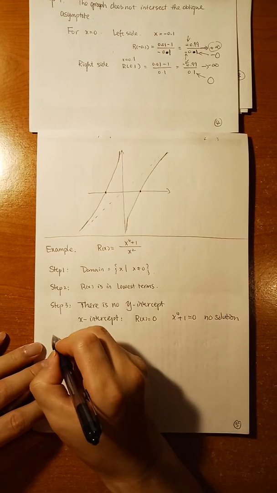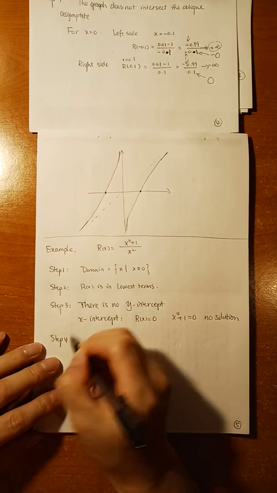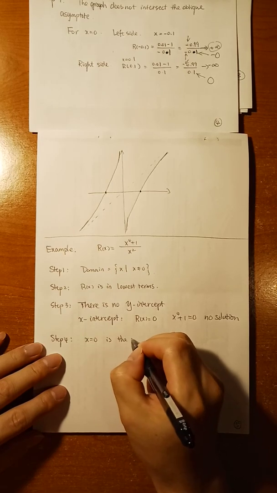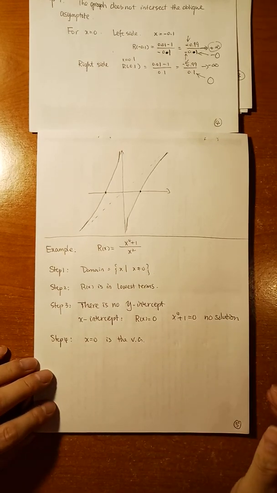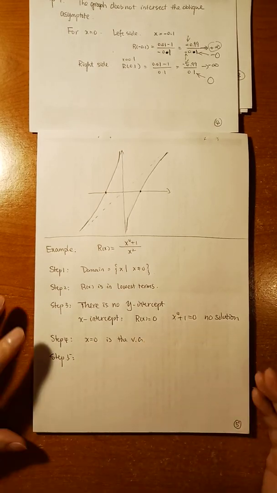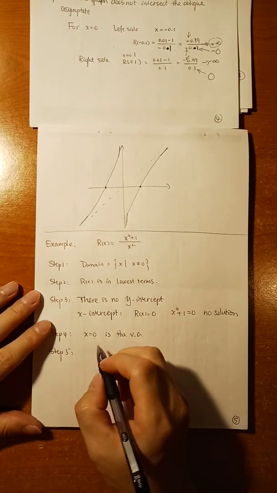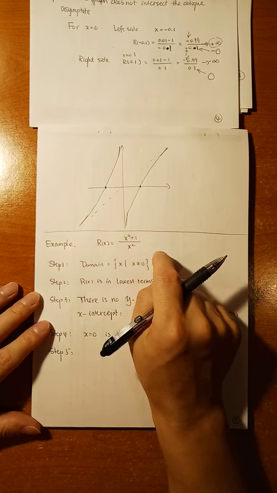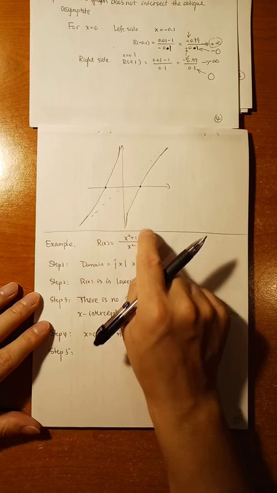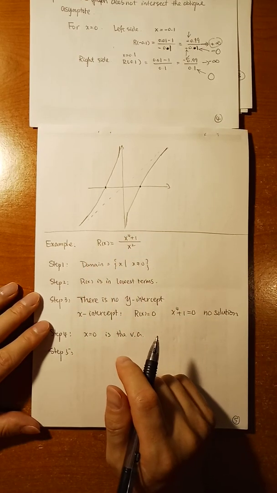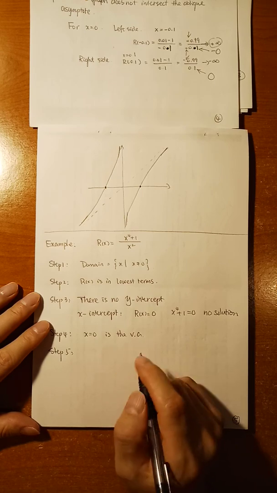Okay, and step 4, vertical asymptote. x equal to 0 is the vertical asymptote. And step 5, horizontal or oblique asymptote. We notice that this is not proper, this is improper. The difference of the degrees is 2, so it has no oblique or horizontal asymptote.